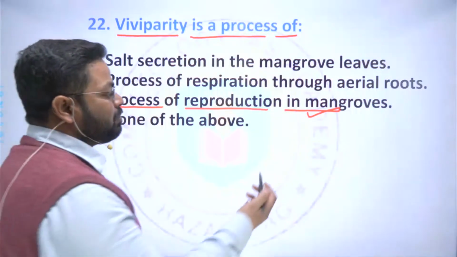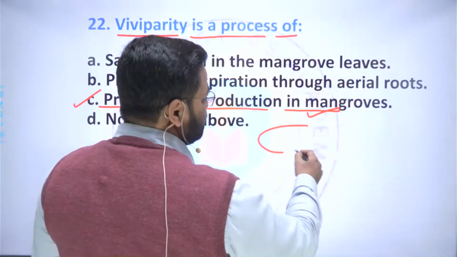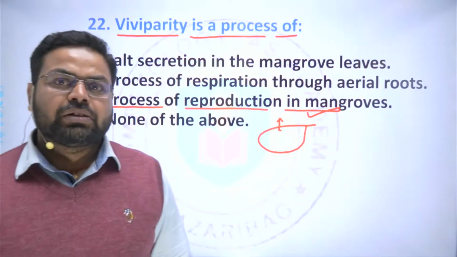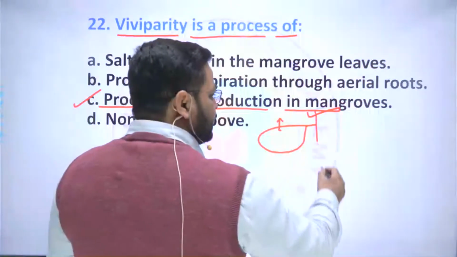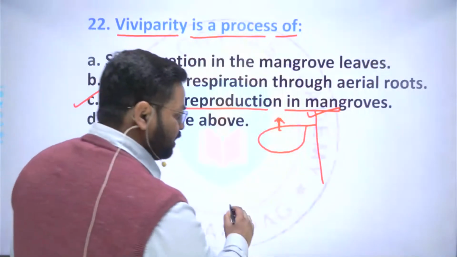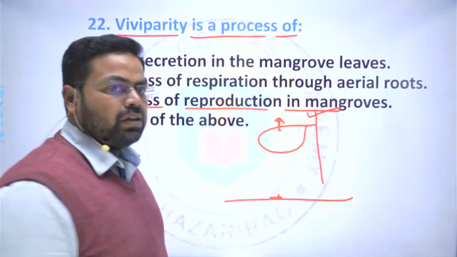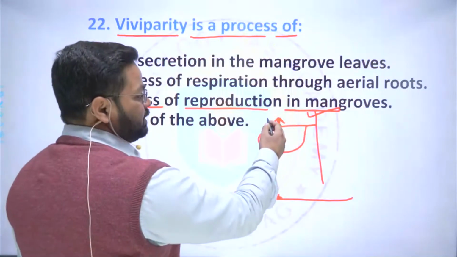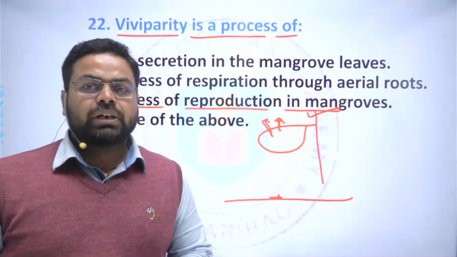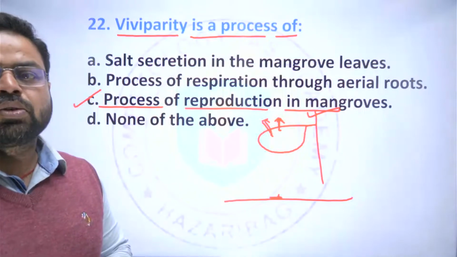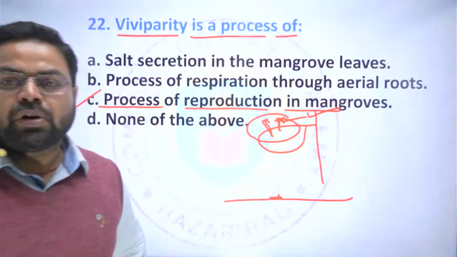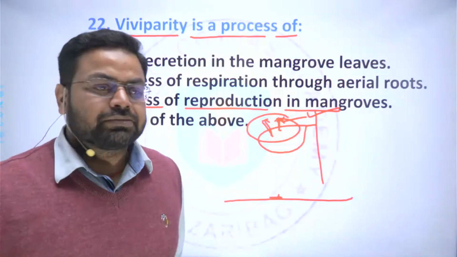Viviparity is the process in which the seeds or the saplings of the new mangroves are germinated and made self-sufficient before coming down to the surface, on the leaves itself, right? Thereafter, when they get germinated, they fall down, and the new mangrove trees grow on the surface, but the saplings are formed on the leaves itself, right?